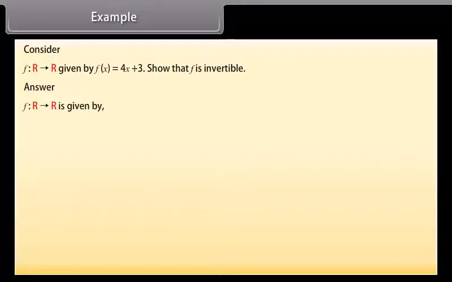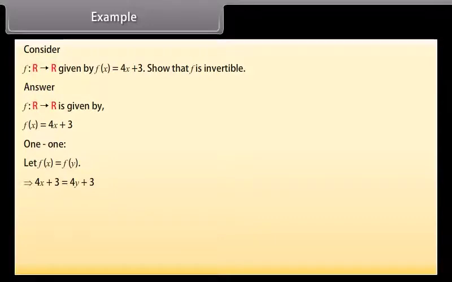Function f from R to R is given by f of x is equal to 4x plus 3. 1-1: Let f of x is equal to f of y, which implies that 4x plus 3 is equal to 4y plus 3. It implies that 4x is equal to 4y. It implies that x is equal to y. Therefore, f is a 1-1 function.